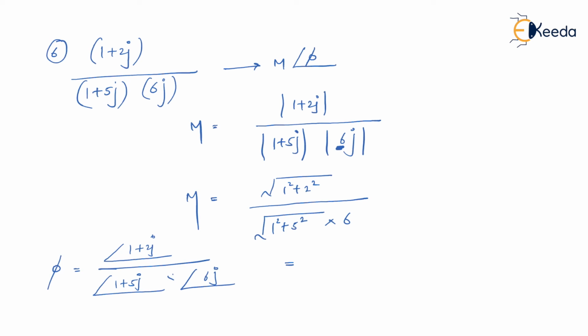So for example, in the denominator, as you can see, there is a multiplication of these two, so the resultant angle will get added, and you know the relation between numerator and denominator is the angle of numerator minus the angle of denominator. So let me write it. It is the angle of numerator minus, in the bracket, the angle of denominator.